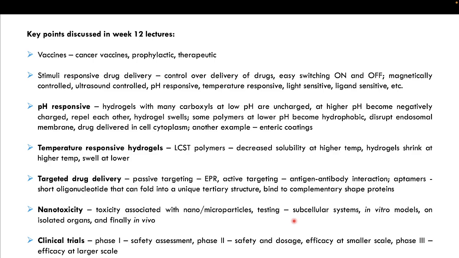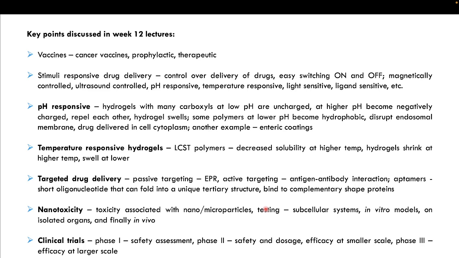These clinical trials are all done with human patients. They are divided into 3 phases. You first have phase 1, wherein you do it in a very small circle, let's say 10 to 15 patients, and you first assess whether your formulation is safe or not.